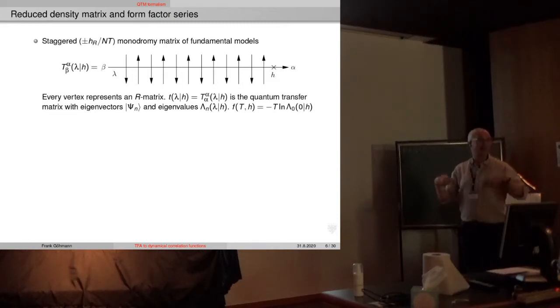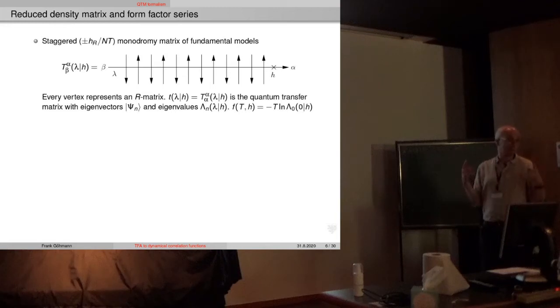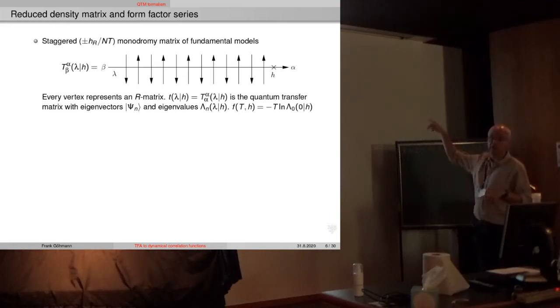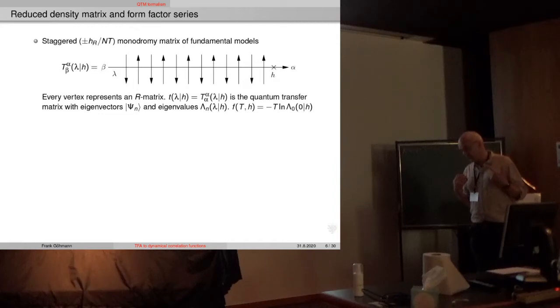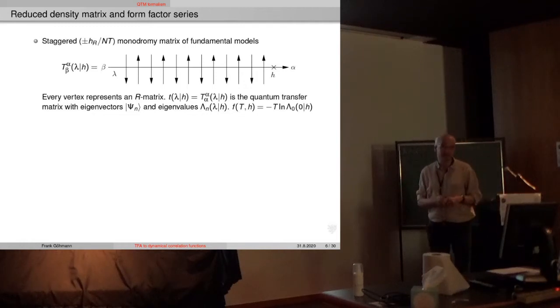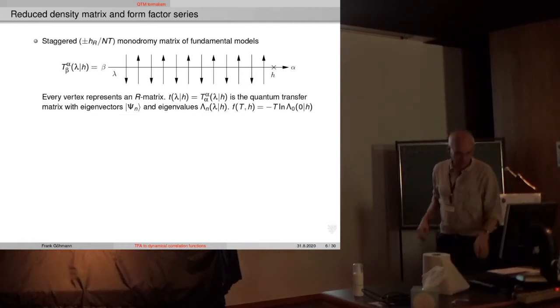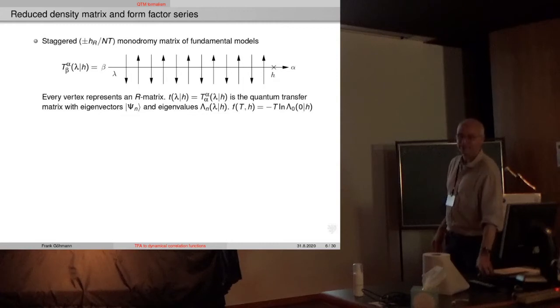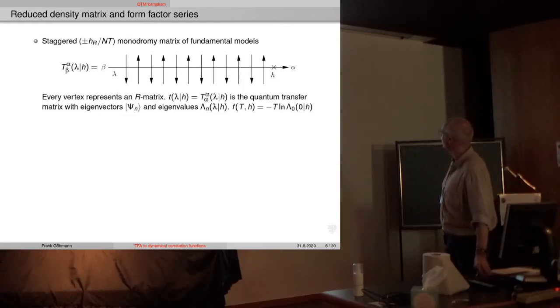If you want finite temperature properties of the XXZ model, you have to look at this object, this staggered form, which is called the quantum transfer matrix, because it gives you the partition function for the quantum object. The quantum model is the spin chain, the classical model is the vertex model. Well, the terminology is a bit strange, I think, but some traditions are used.